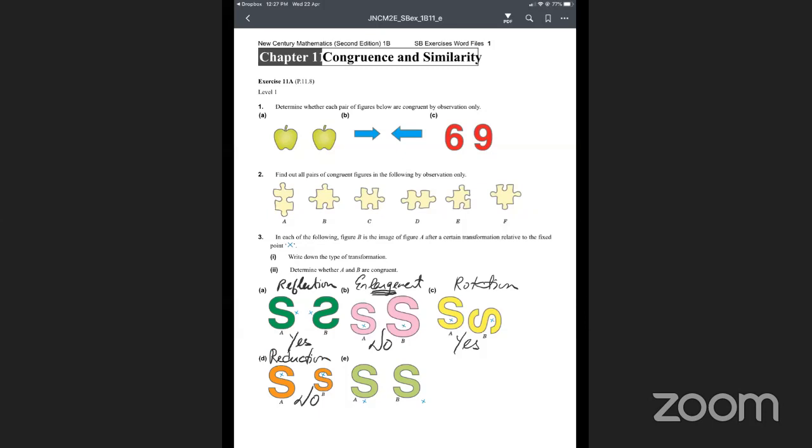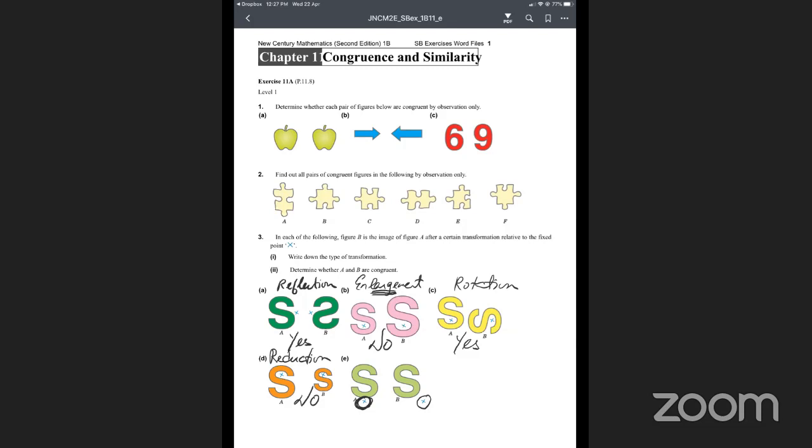And then for part E, what kind of transformation is this? Imagine moving from right to the left. Originally it is above the cross, and now the cross is here. It is just moving to the left.